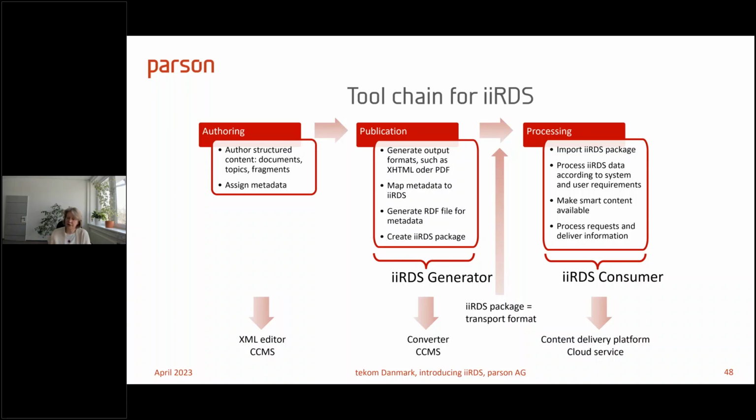So that is very important to understand. iiRDS is not a tool. iiRDS is a transport format, which needs to be processed by an application, because an application provides your users with all the functions that they need: searching, filtering, browsing content, or looking through a table of contents. This is all done on the content delivery end.